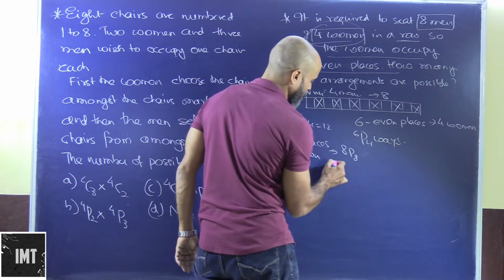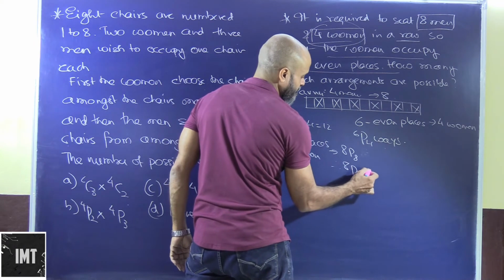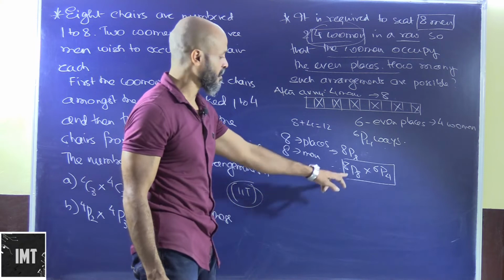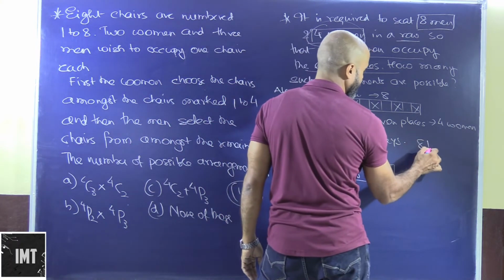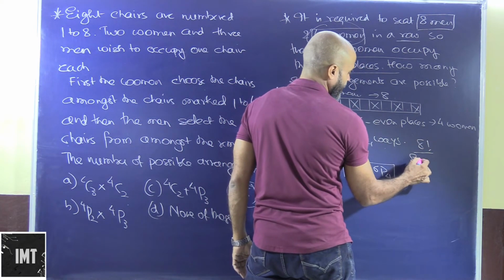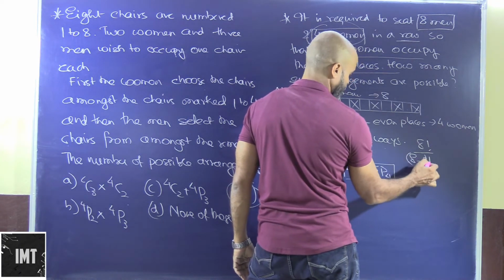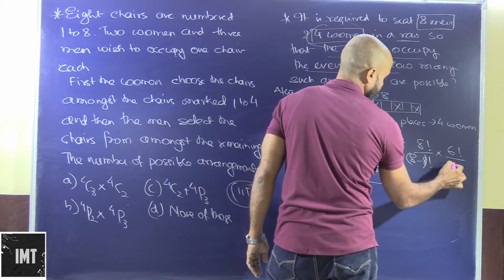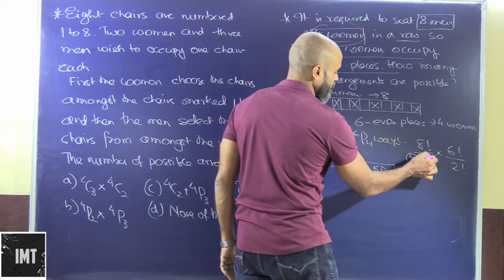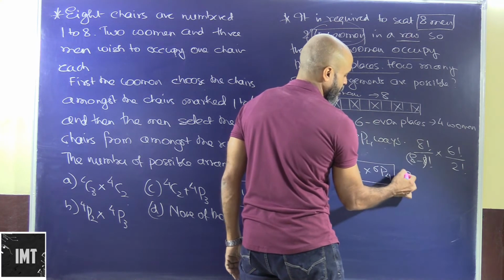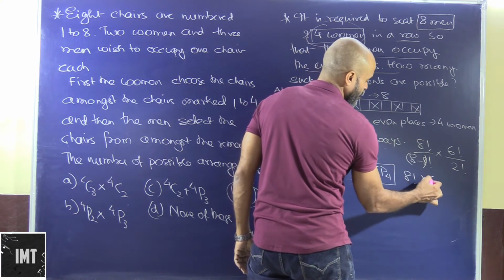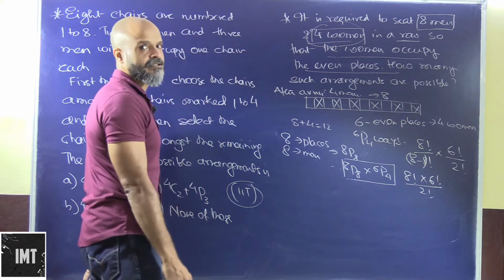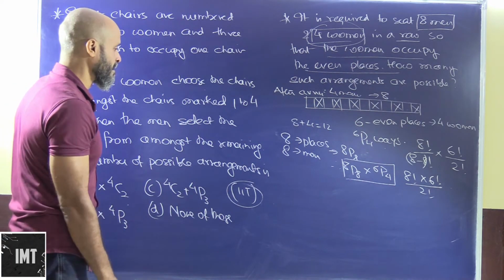So the total number of combinations that will be possible will be 8P8 into 6P4. Now 8P8 basically will be what? 8 factorial upon 8 minus 8 factorial into factorial 6 upon factorial 6 minus 4, that is 2 factorial. So this is going to be a huge number now. This is 0 factorial, so this will basically mean 8 factorial into 6 factorial upon 2 factorial. So that is something that will be a huge number. Okay, we can do this.